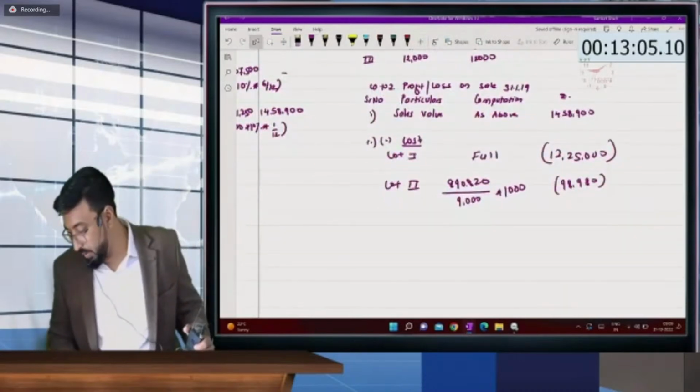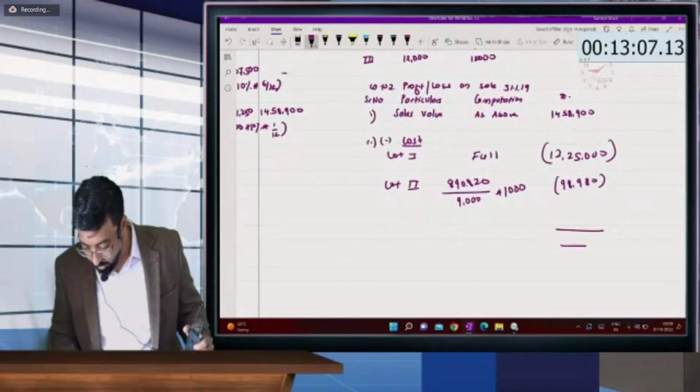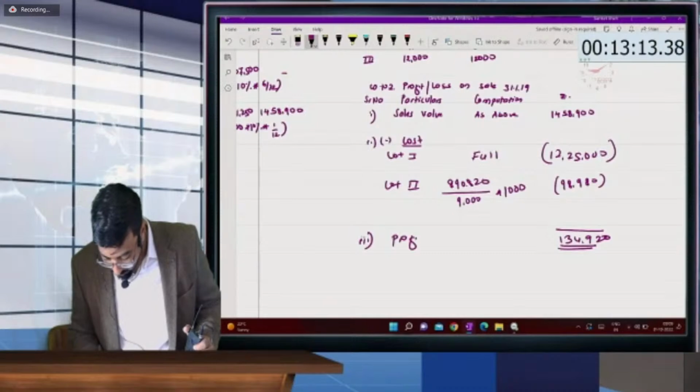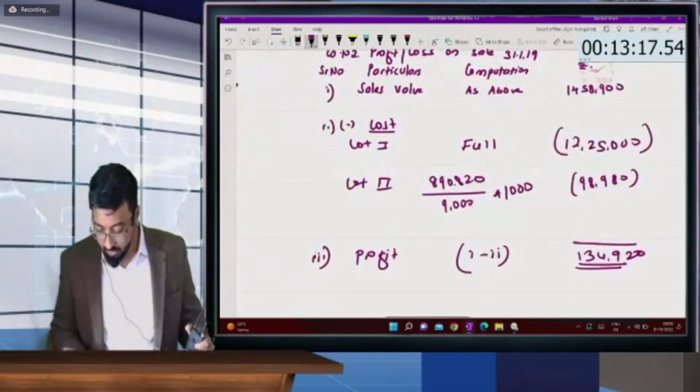So profit is 134,920. Beta, this is exam speed. Profit is 1 minus 2, 134,920.